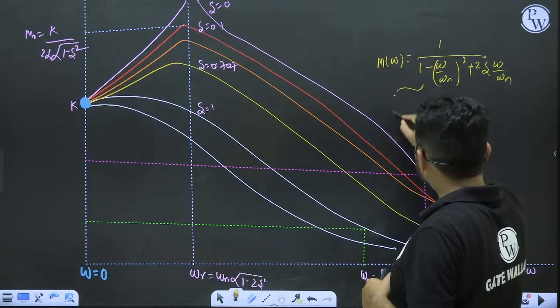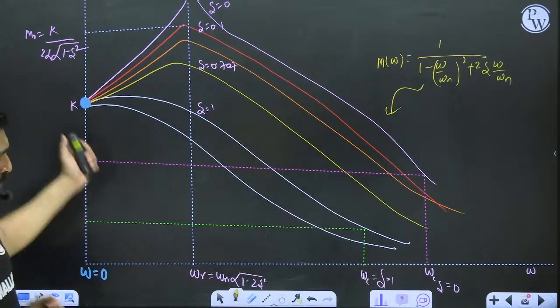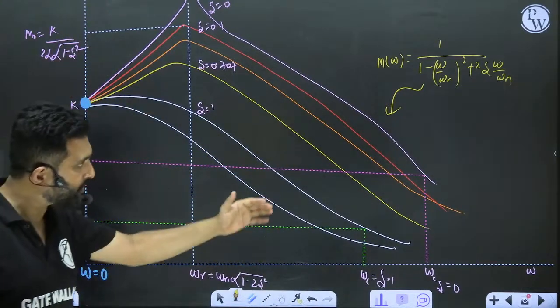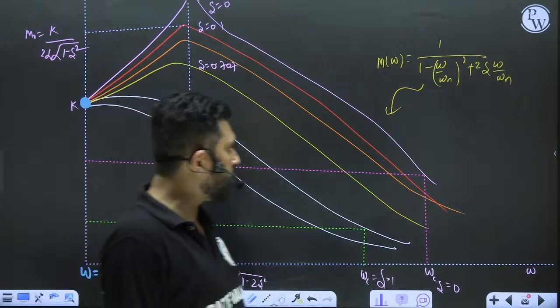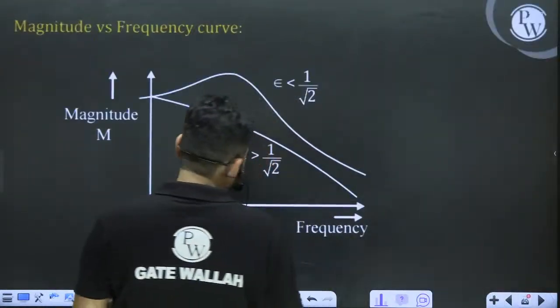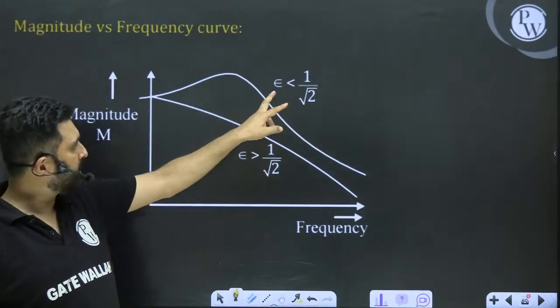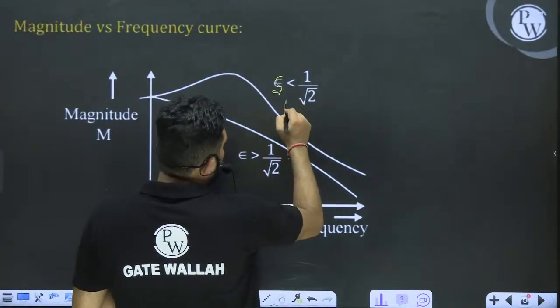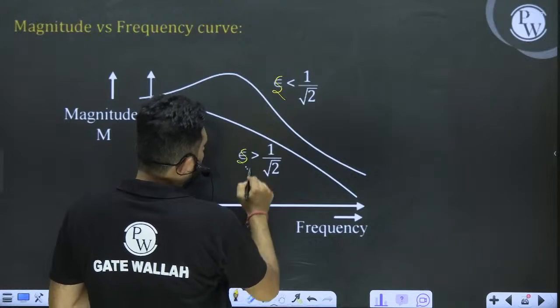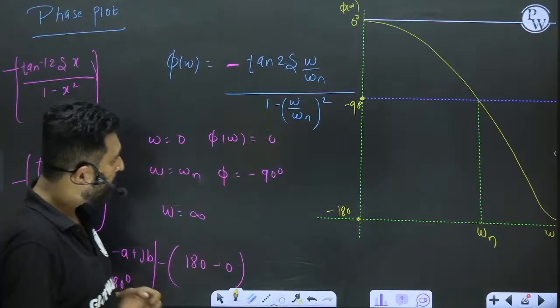We have plotted this with respect to omega for different zeta. Okay, so next topic is the correlation. Exact plot I have talked about. When zeta is greater than 1 by root 2, we have this one.